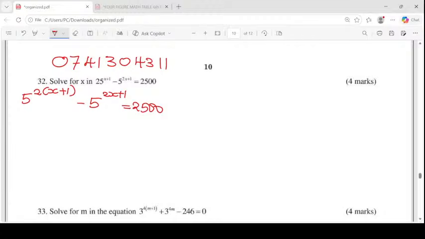Then after that, we can open the brackets here. This will become 5 power 2x plus 2 minus 5 power 2x minus 1 is equivalent to 2500.